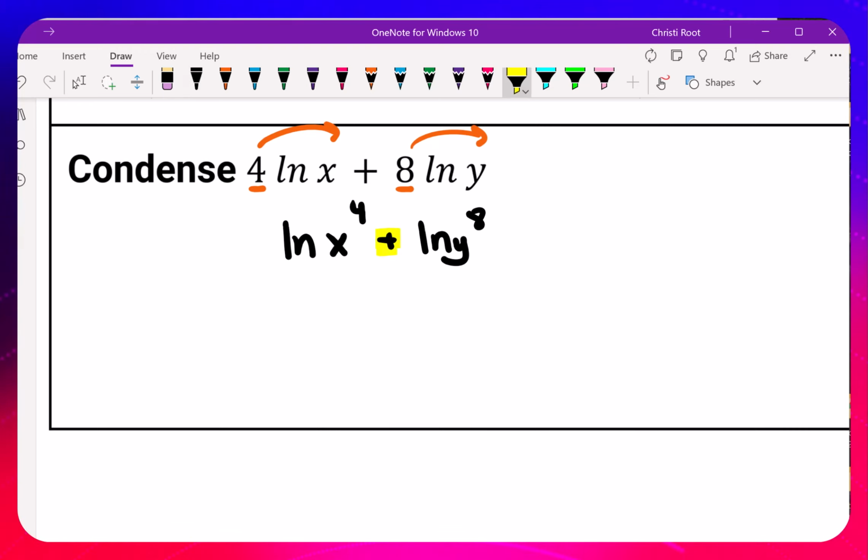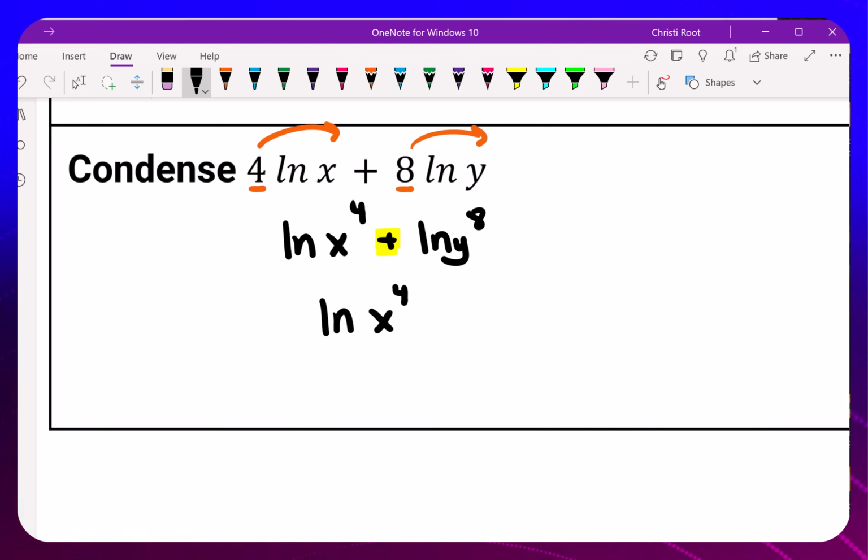I have addition in this problem, and if I'm adding 2 of the same logarithms, I'm able to condense them into one logarithm. So to condense addition, these two are going to wind up being multiplied. So I'm going to take x to the power of 4, and I'm going to multiply that times y to the power of 8.